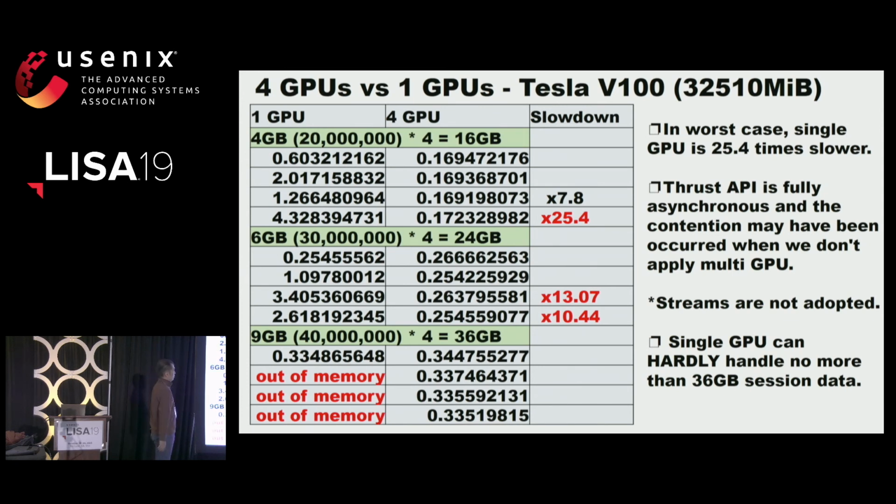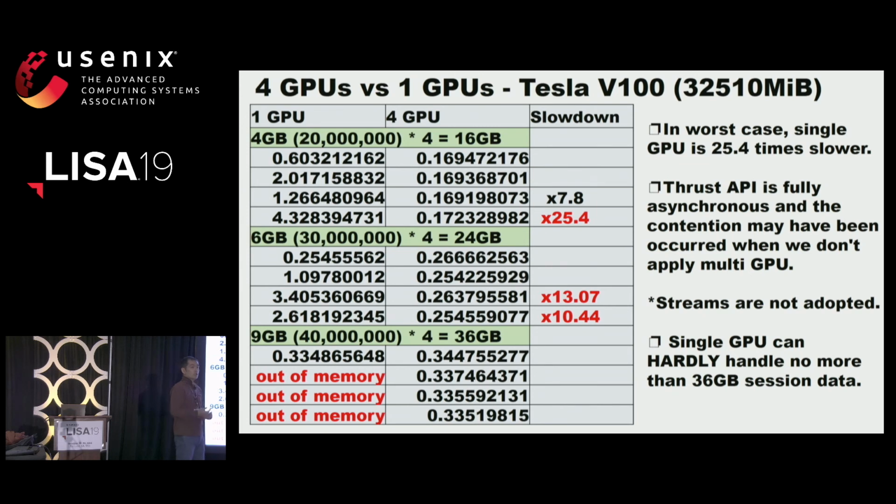Because this is a comparison between the single and 4 GPUs. In the worst case, the single GPU is more than 25 times slower. This is awkward.